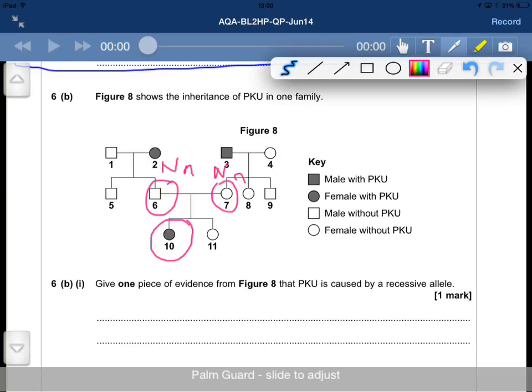Because otherwise, the homozygous recessive, which is made by the small n and the small n coming together, couldn't happen. If this was big N, and this was big N, small n, then they would all, in fact, have a big N when you multiply them out, and there would be no PKUs here.